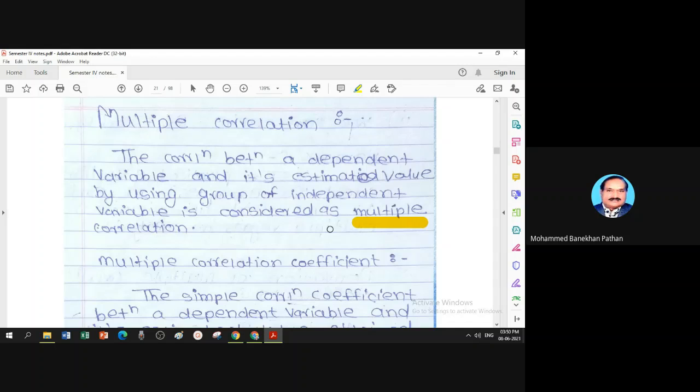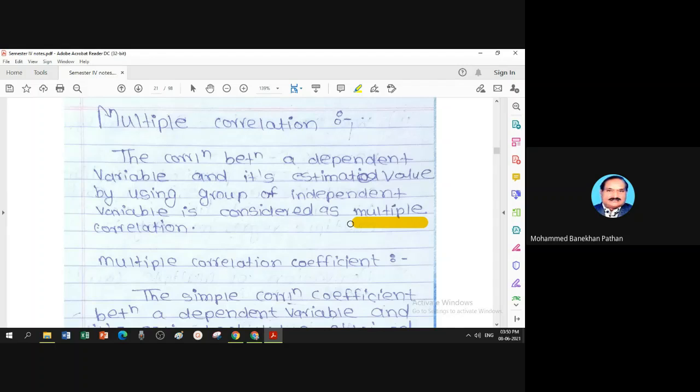Now, once you have the actual value and the estimated value, you can study the relation between these two data. One data is the actual value of the dependent variable and the other is the estimated values of the dependent variable by using the set of independent variables.